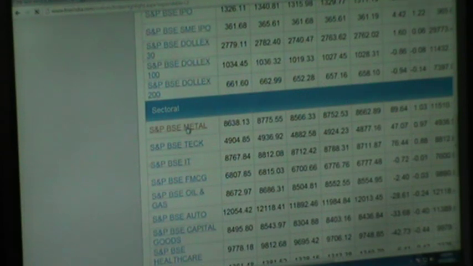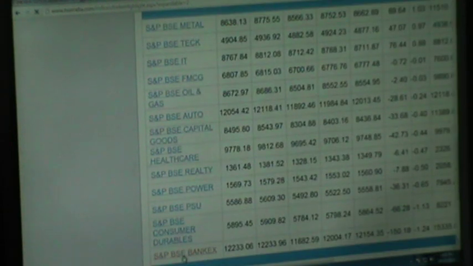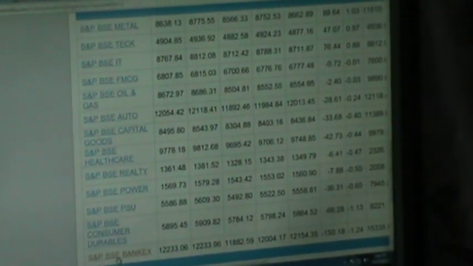So to hedge the market risk, I can buy one put in the banking sector. It may be SBI, it may be ICICI or any other bank which is showing volume. But if right now we don't see that the market is supposed to go down, then we are not buying the put right now.